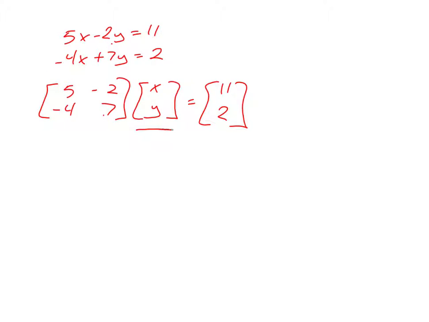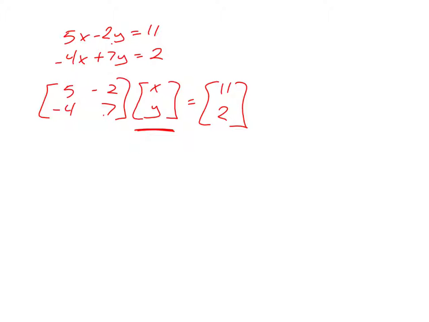I'm interested in getting that by itself, which means I have to get rid of this matrix. So what do you think we can do to get rid of this matrix? Multiply by its inverse. When I multiply by its inverse, I get the matrix identity. And since it's identity, that identity times anything else is going to be what? Whatever that anything else is.